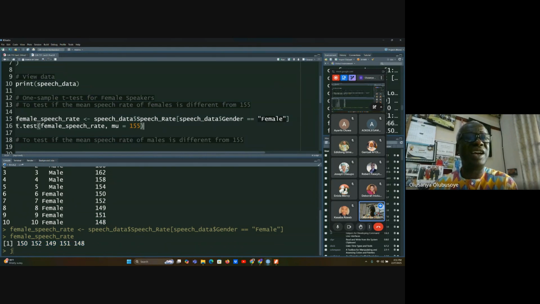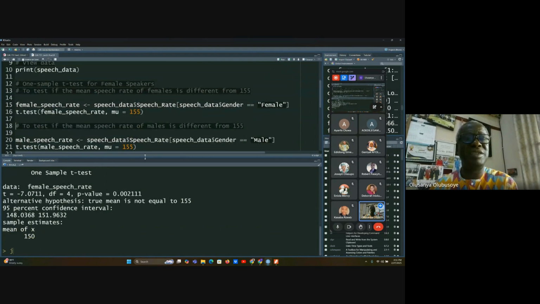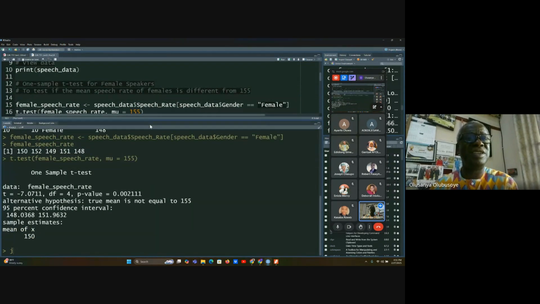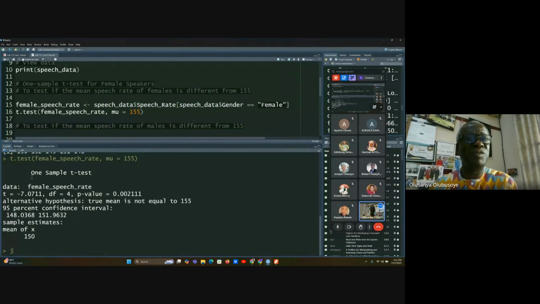And then we can use the t.test function to carry out the test. Your mu here is equated to whatever value you are hypothesizing, so that's 155. Then you run this and get the result, one sample t-test.